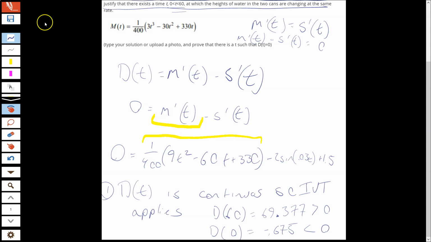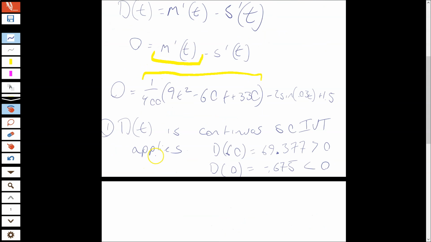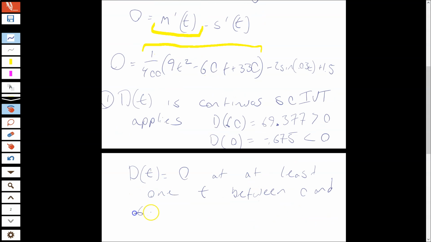So notice this is bigger than 0, and this is smaller than 0. So our conclusion is going to be that d of t equals 0 at least 1 t between 0 and 60 by the intermediate value theorem, because d of 60 is bigger than 0 and d of 0 is smaller than 0.